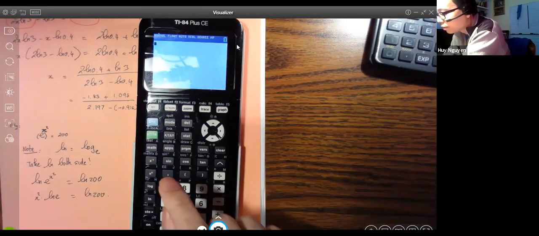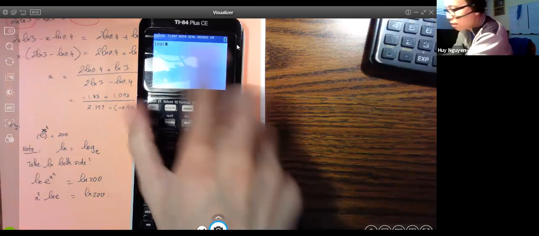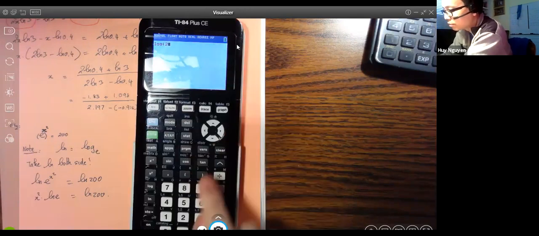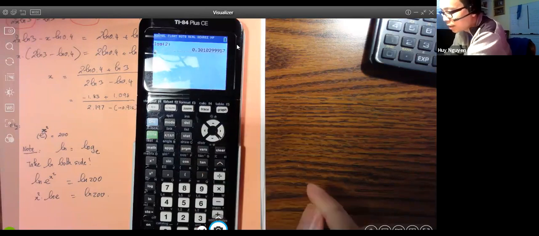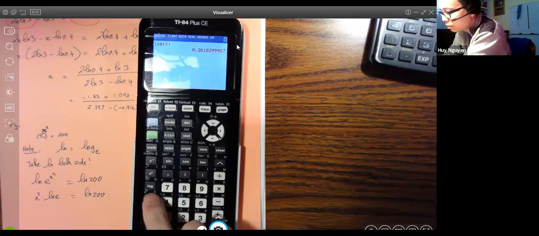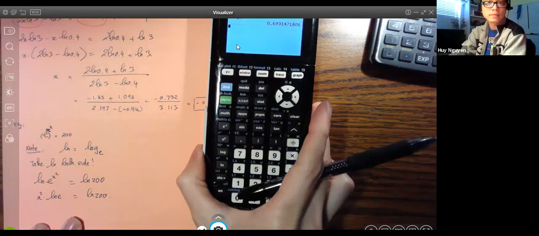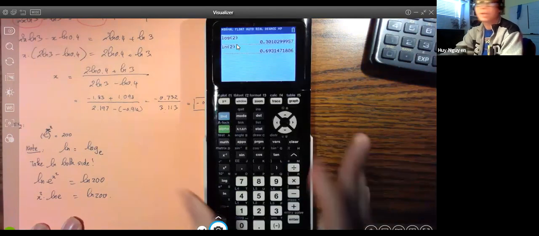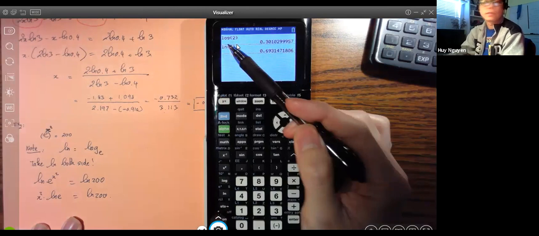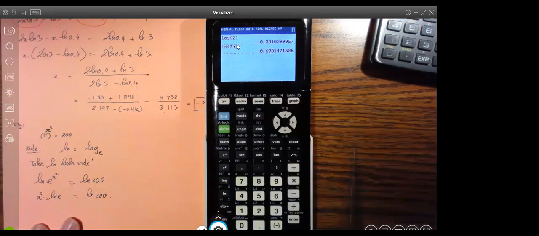So, for example, I take log base 10 of 2. It gives you 0.3. But if I take natural log of 2, which is log base e, it gives you 0.6. The first one is log base 10, and the second one is natural log.